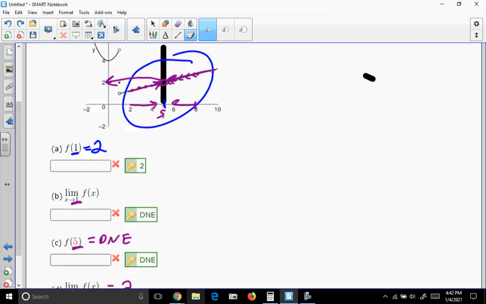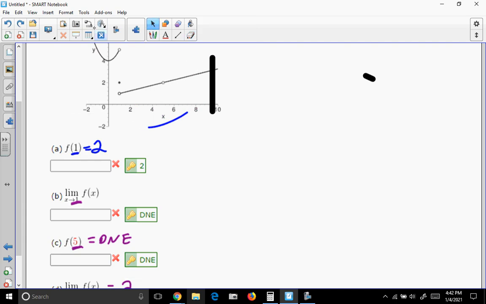Now you may remember what happens behind there. What happens behind there is that there's a hole. Is there a point where x is 5 and y is 2? And the answer to that is no. But that's not what a limit is.